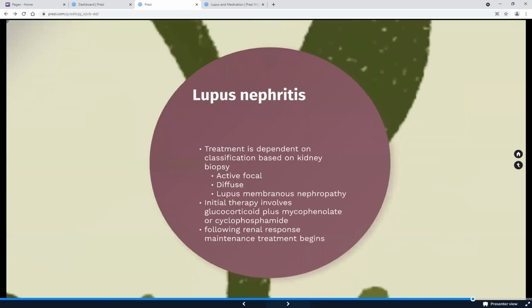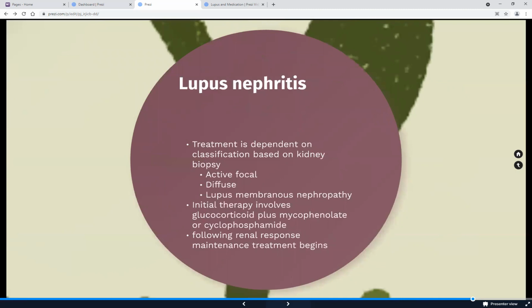All right, I did want to spend just a few minutes talking about lupus nephritis. So this is a specific type of lupus that impacts the kidney. Treatment is very much dependent on how it's classified based on a kidney biopsy. And so you've got 3 different options that we see. So active focal, diffuse, and then lupus membranous nephropathy. And so initial therapy, not all that different from the other types of lupus.